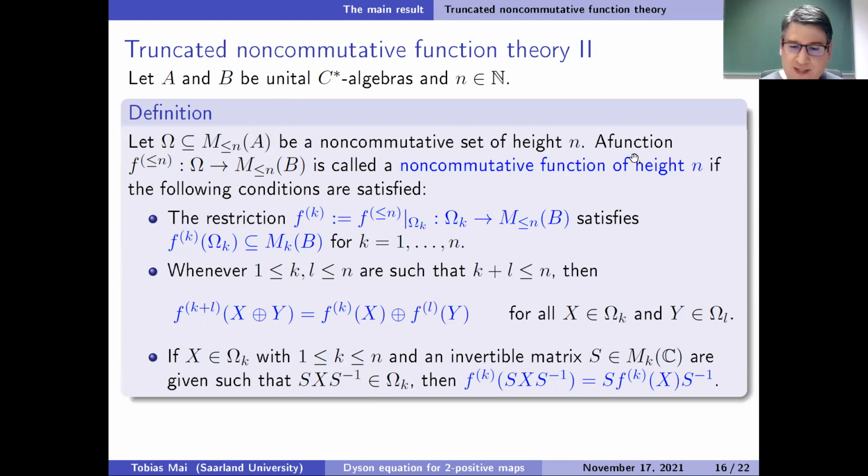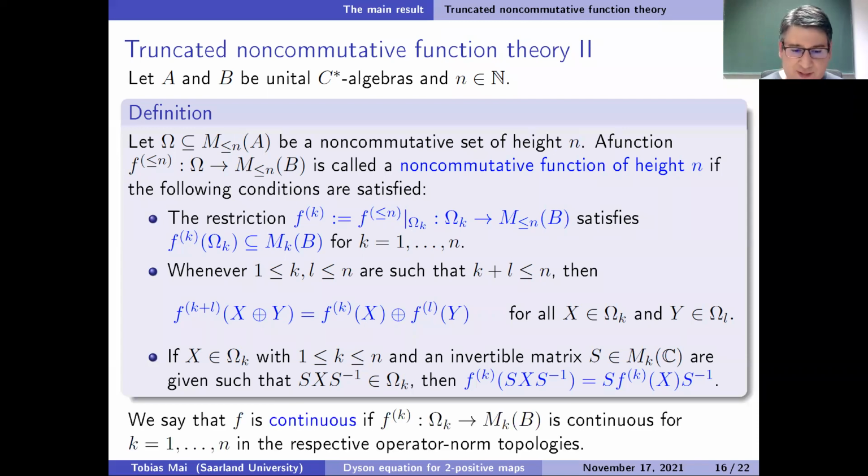But here again, with the limitation of the height, the usual properties, namely compatibility under this clockwise addition and compatibility under similarity, are limited to sets up to a certain dimension. But apart from this limitation, these are exactly the same properties.